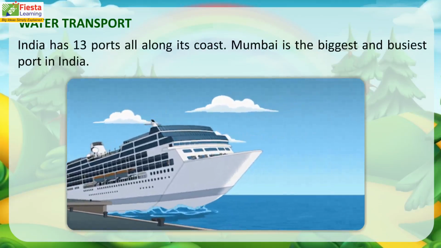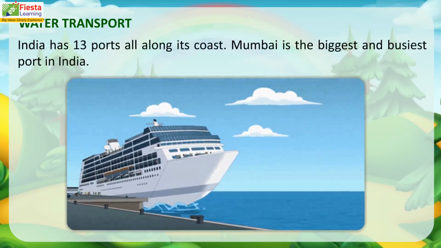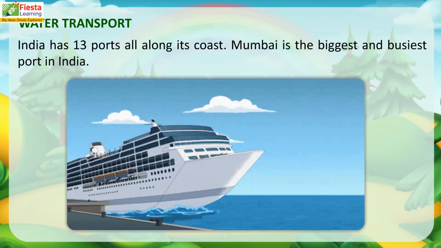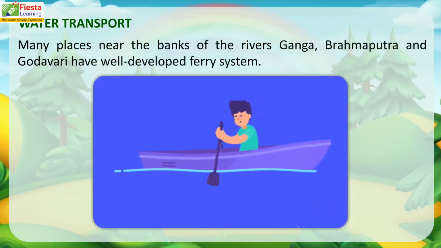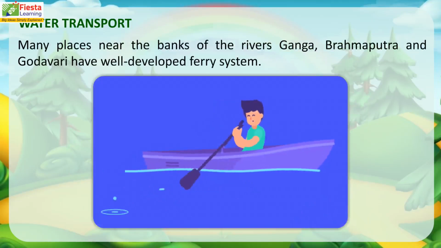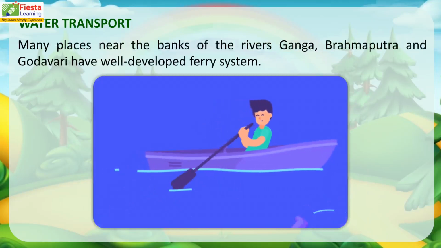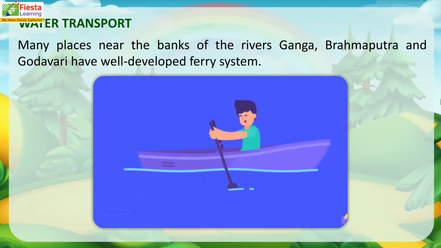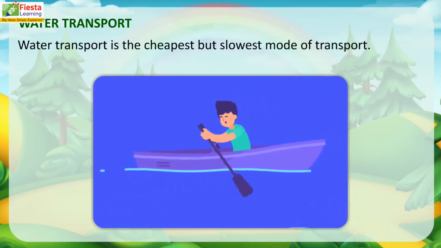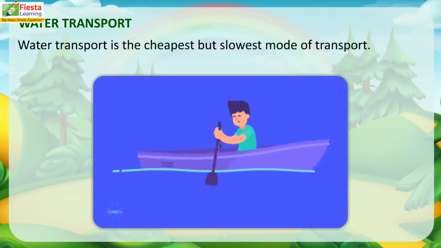India has 13 ports all along its coast. Mumbai is the biggest and busiest port in India. Many places near the banks of the rivers Ganga, Brahmaputra, and Godavari have a well-developed ferry system. Water transport is the cheapest but slowest mode of transport.